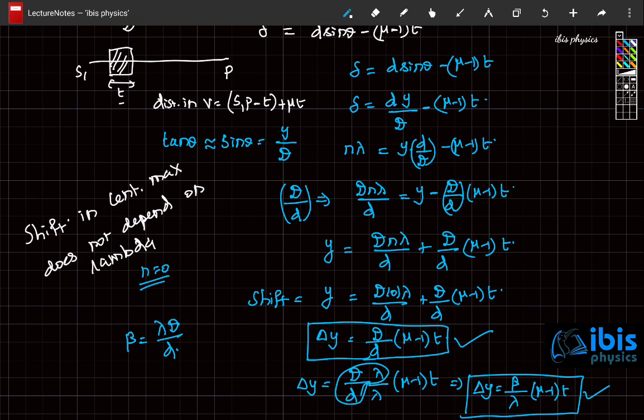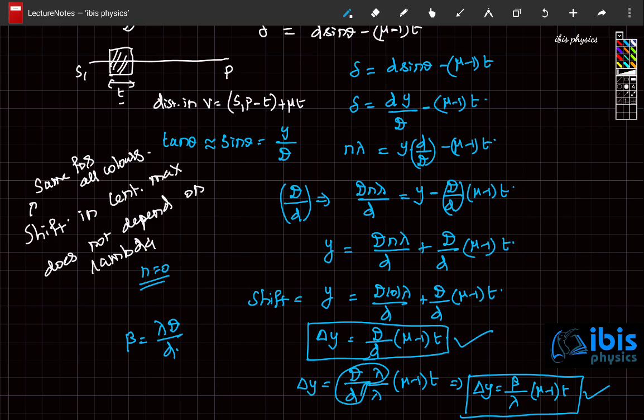That's an important thing. So shift is also independent of the fringe width, and since lambda is not there, shift is same for all colors.